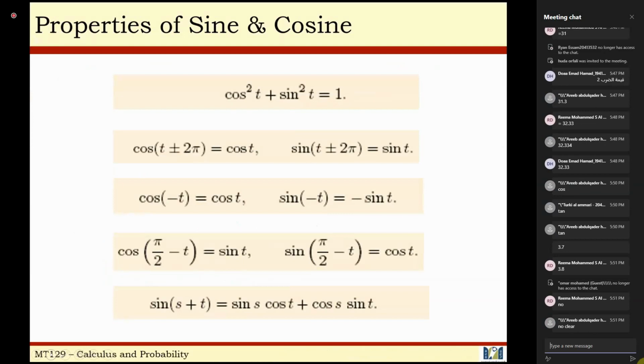We have some properties of sine and cosine. Sine squared of T plus cosine squared, or cosine squared plus sine squared, always equals 1. Now cosine of T plus 2 pi: if we have an angle plus 2 pi, this is 2 pi or 360.